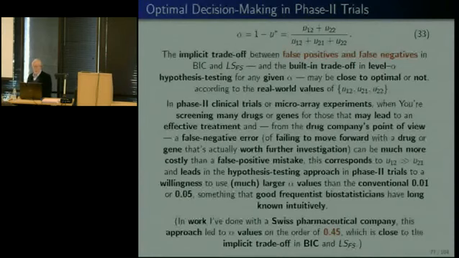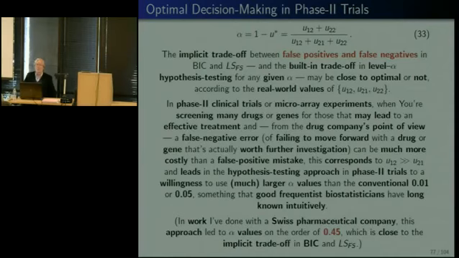And so that would correspond to U12 being a lot bigger than U21, and it leads in the hypothesis testing approach in phase 2 trials to doing something that most frequentists would regard as anathema. You have to be willing to use a much larger alpha value than the 0.01 or 0.05 in order to drive your false negative rate down.